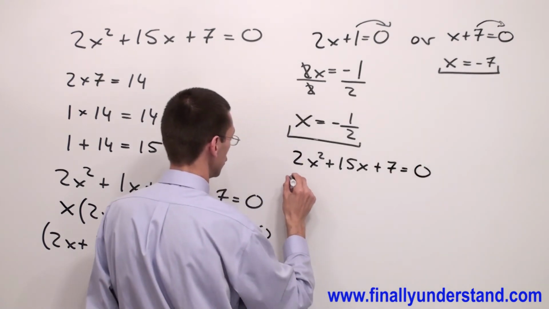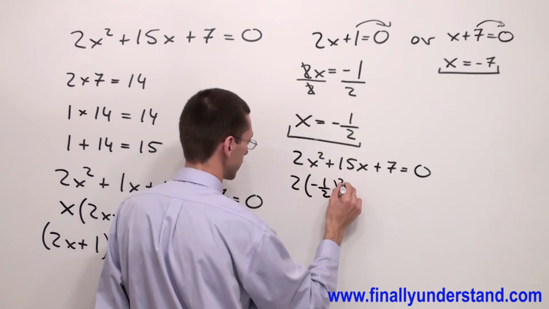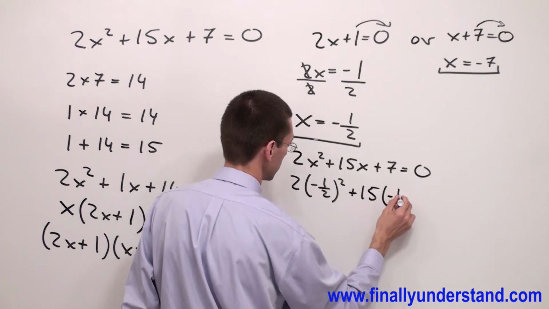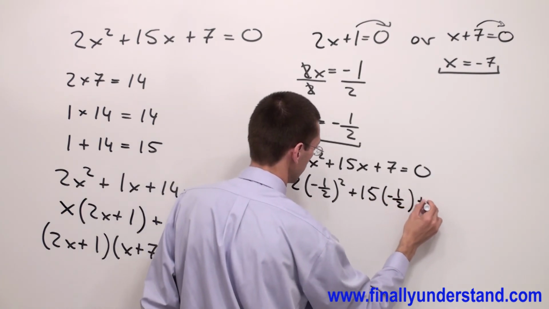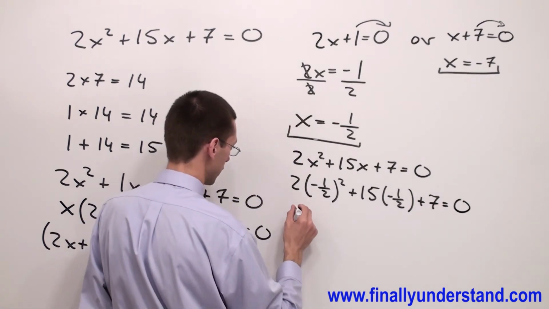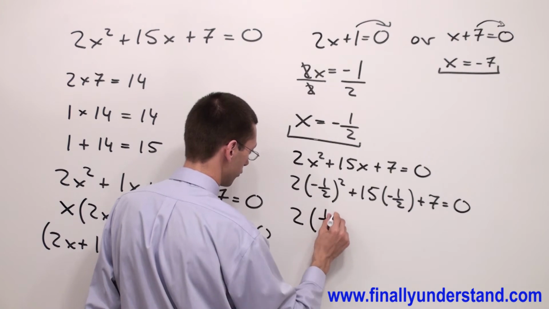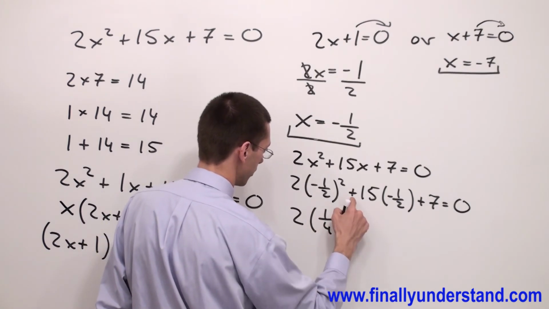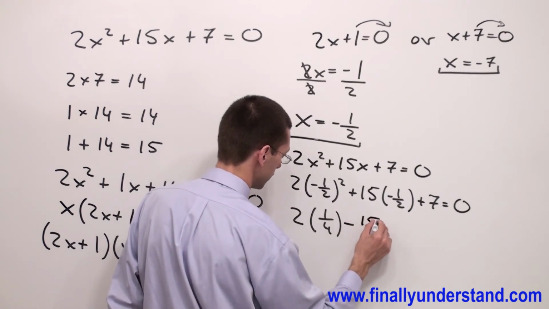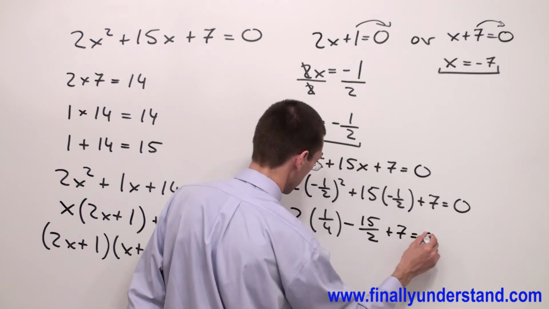So I have 2 times negative 1/2 to the second power plus 15 times negative 1/2 plus 7 is equal to 0. I'm going to have 2 times 1/4 minus, because positive times negative gives me negative, 15/2 plus 7 is equal to 0.